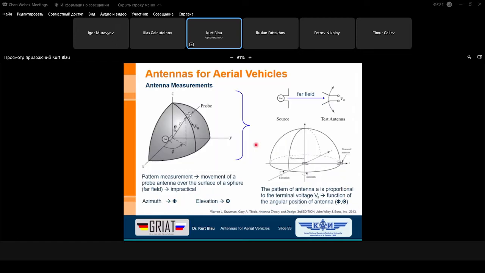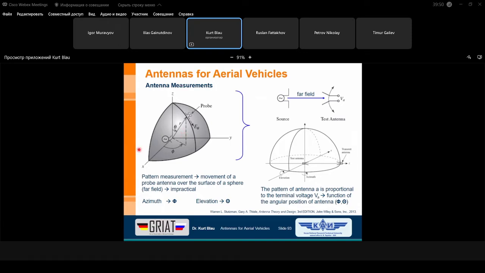Yeah, and this was our starting point for today's lecture, the antenna measurements. I already gave a short introduction based on this slide here. And so let's proceed with the antenna measurements.